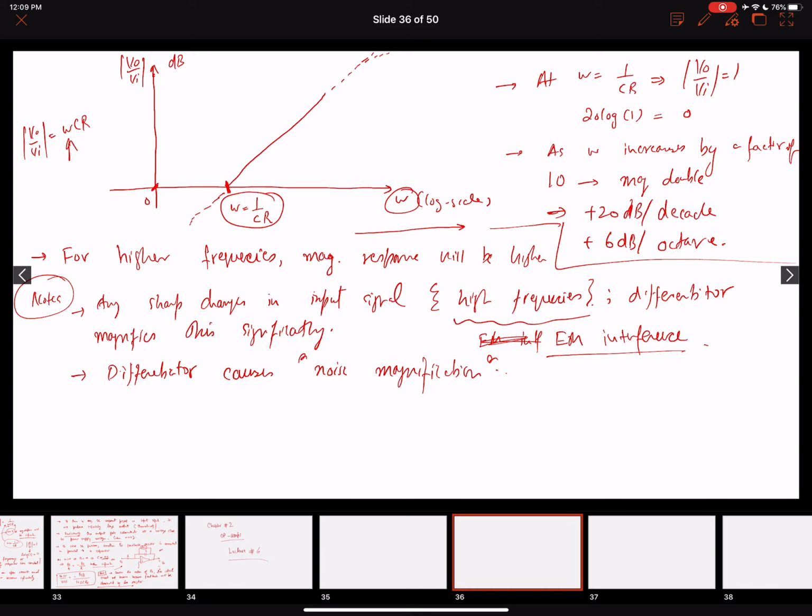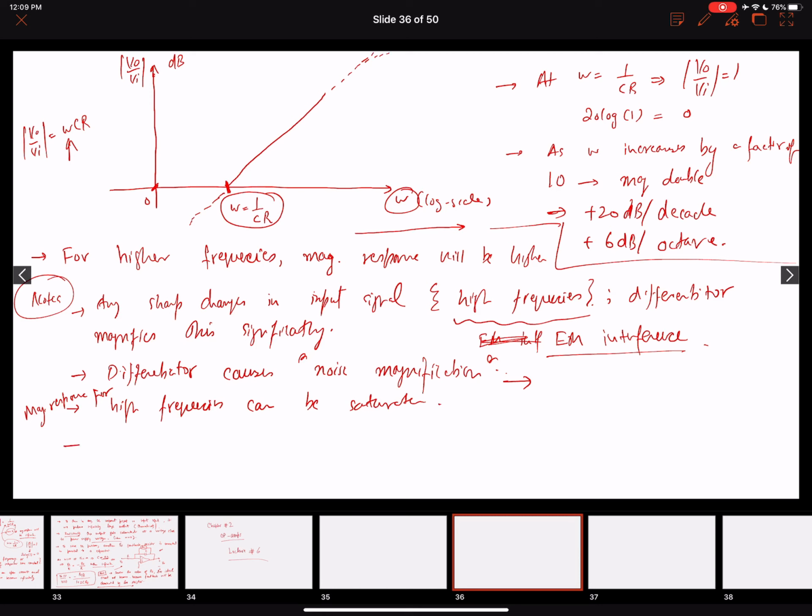High frequencies can be saturated; the magnitude response for high frequencies can be saturated.